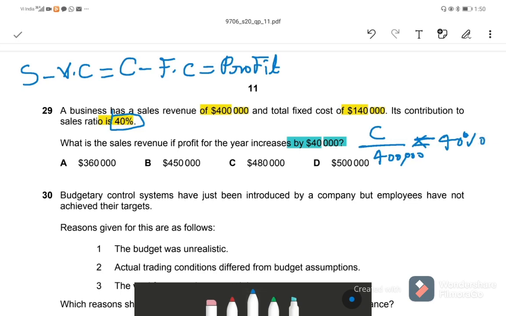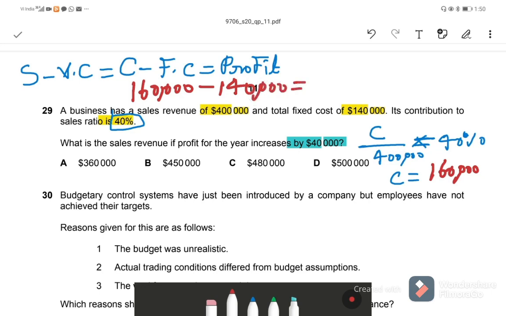So contribution is equal to 400,000 multiplied by 40%, which is 160,000. Contribution 160,000 minus fixed cost 140,000 is equal to 20,000, which is the profit.